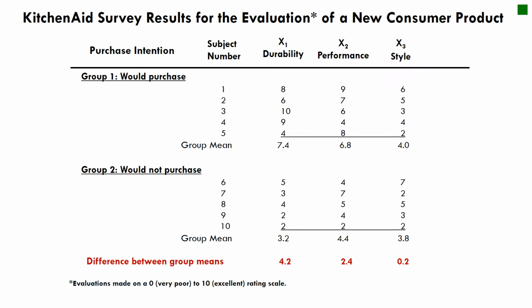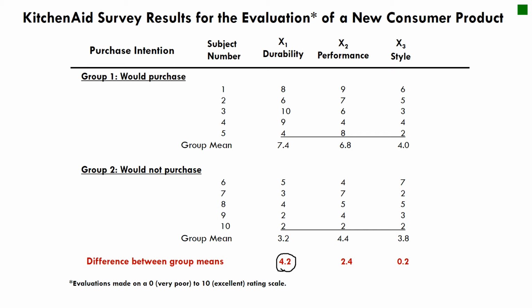And you can look here at the different group means between group 1 and group 2 on each of the 3 independent variables. So group 1 and group 2 clearly differ by durability. Durability is very important to those who would purchase, or they perceive the product as having more durability, and they're likely to purchase as a result.